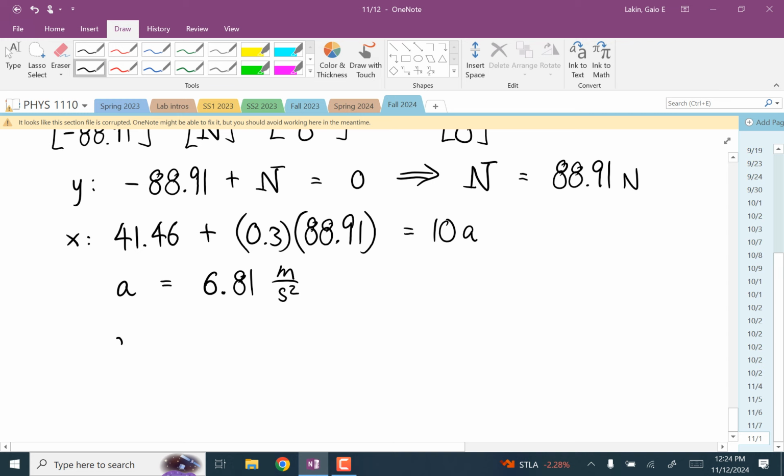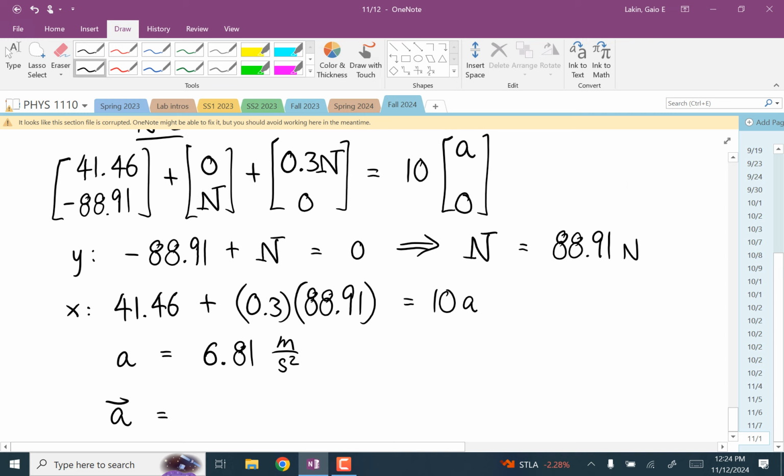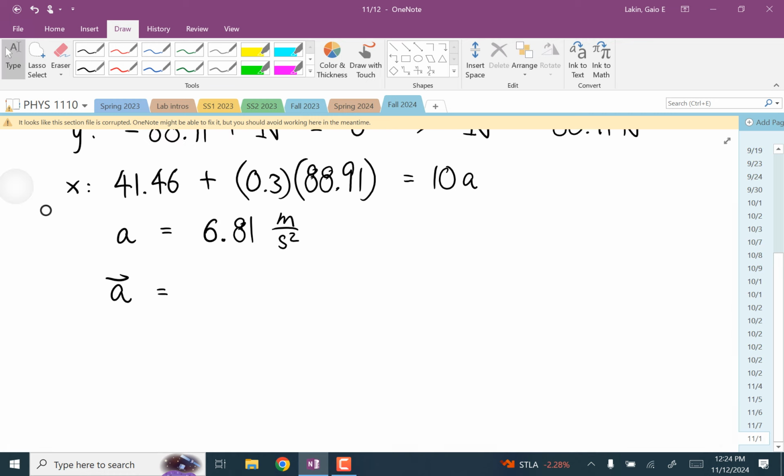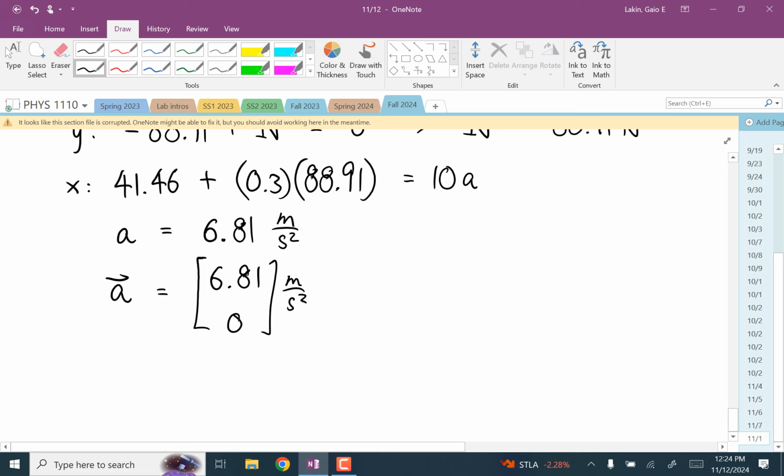Okay, so the acceleration vector is, you can plug this value for a into this vector a, 0. Or in other words, it's accelerating in the positive x direction with a magnitude of 6.81.